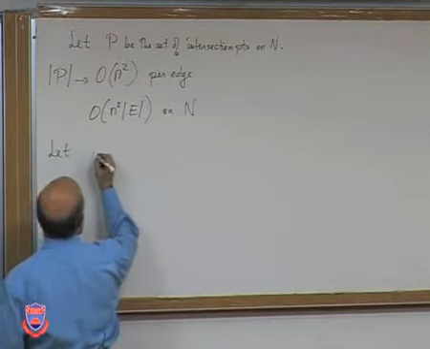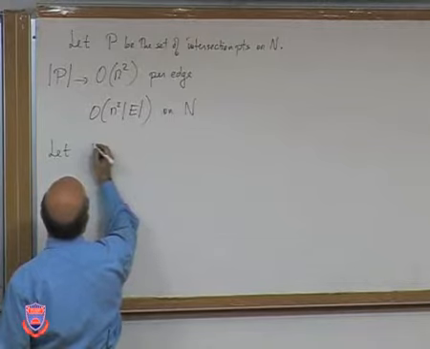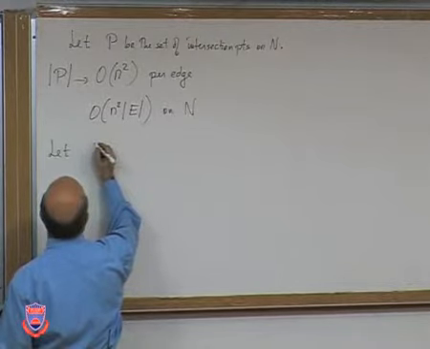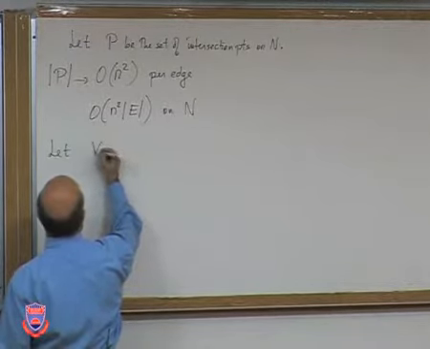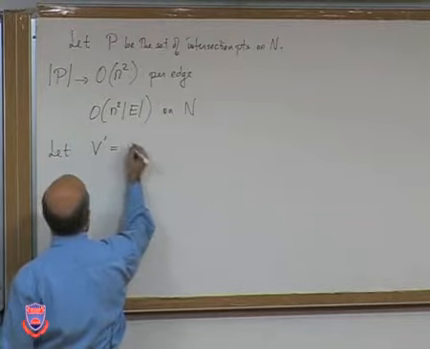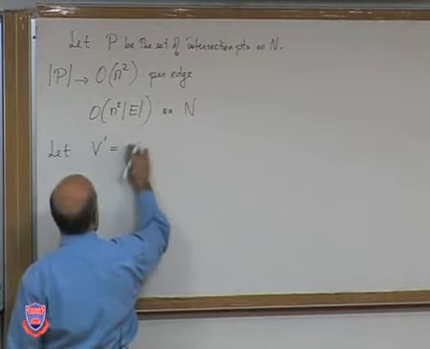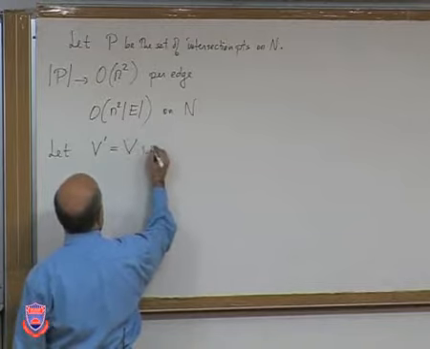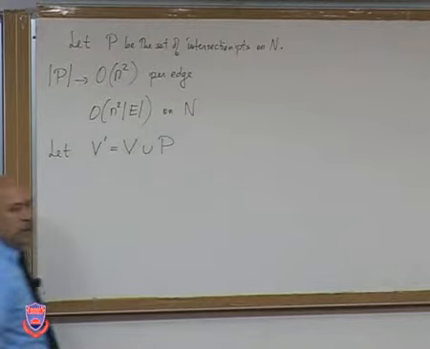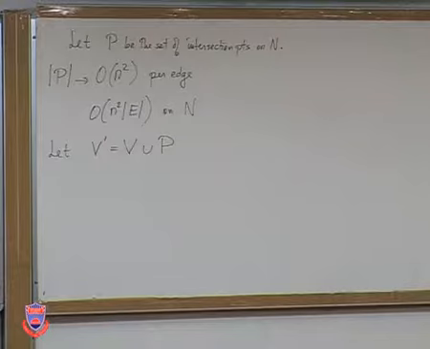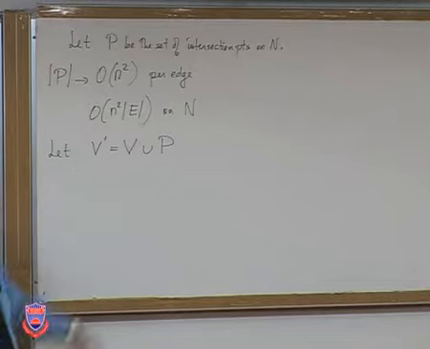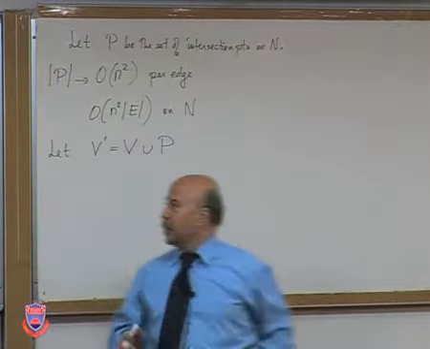So let's define, say, V prime to be the union of the vertex set and the set of intersection points. Did I give a different name to it before? No? No name? Okay. Let's just call it P prime or whatever you want to call it.